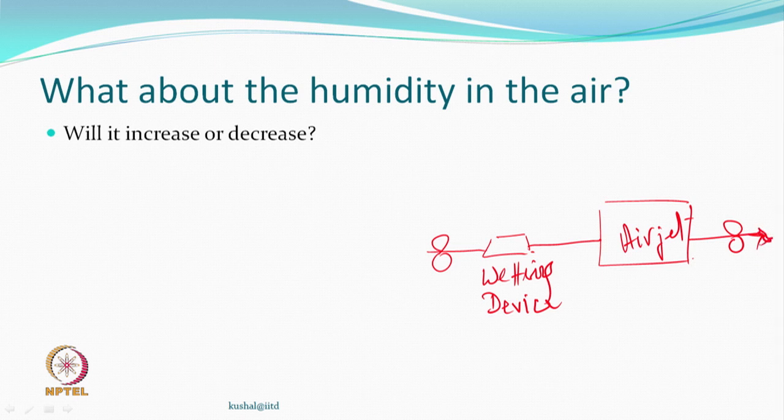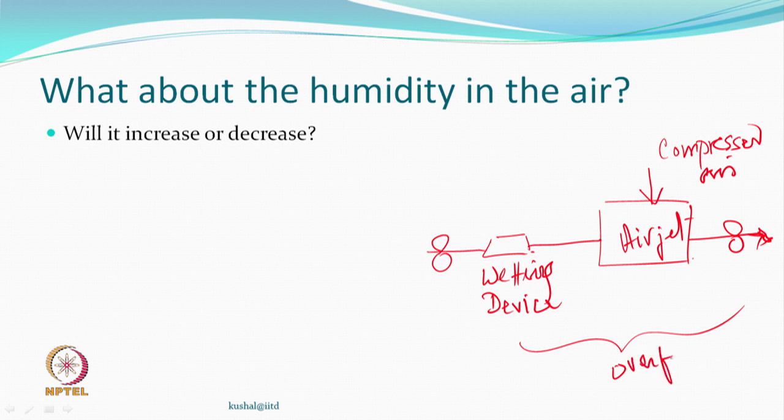Compressed air is coming from here, and in between these two we have given overfeed. So, yarn is going to be pulled, right. Only thing is now it is wet yarn. So, the humidity which is here in this area, will it decrease or increase?